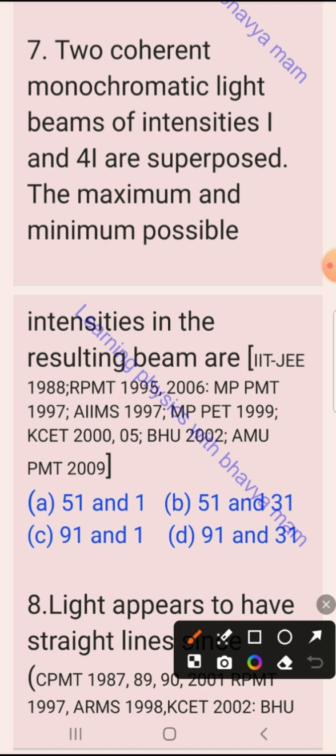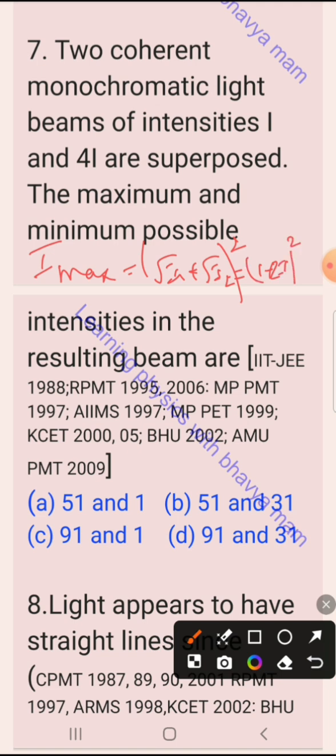So how to calculate maximum? Let us consider I max. I max can be written as square root of I1 plus square root of I2 whole square. Is it clear? So square root of I1 is root I, plus square root of 4I, square root of 4 is 2, so 2 root I, whole square.